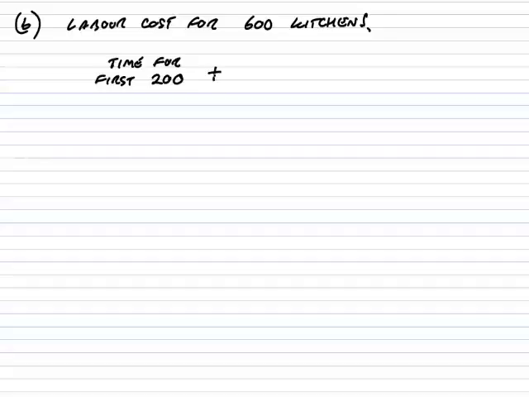But the next 400, it says once we've made 200, they'll all take the same time as for the 200th kitchen. So if we can work out how long the 200th takes, maybe it takes 10 hours or something, well, the next 400, it'll be 400 times the time for the 200th. So we're going to have to do it in 2 bits. How long does the first 200 take?